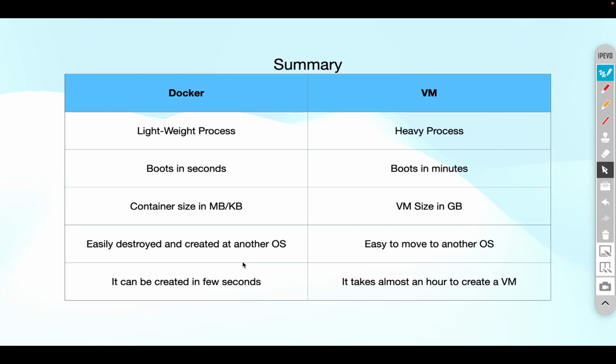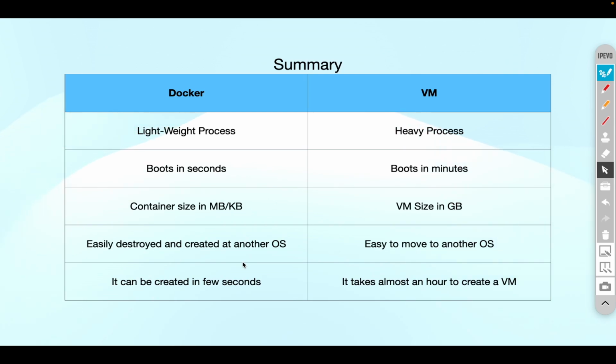So if you talk about the shipping part, VM would still not be the right choice, because the size will be greater. You have to carry a GB of file from one system to another system, and then you need to import it. But in case of Docker, you just need to pull an image of maybe KBs or MBs, and start the container, okay.